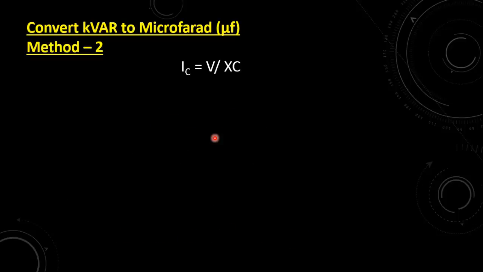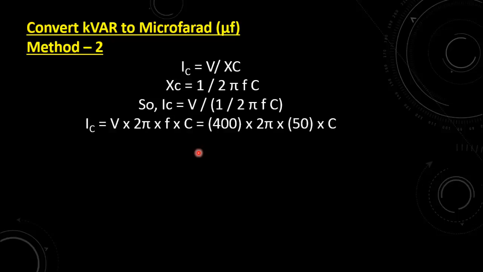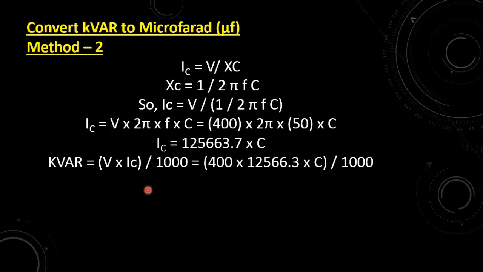Let's see method 2. For method 2, we need to find the charging current, which is equal to voltage over Xc. This is the capacitive reactance, and the capacitive reactance is equal to 1 over 2 pi F C. Here F is the frequency and C is the capacitance. By putting the value of Xc in Ic, Ic is equal to V into 2 pi into F into C. Putting all values, we have Ic equal to 125663.7 into C. Now we will use another formula, which is kVAR equal to V multiplied by Ic divided by 1000.